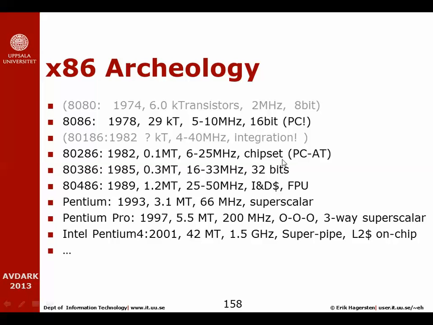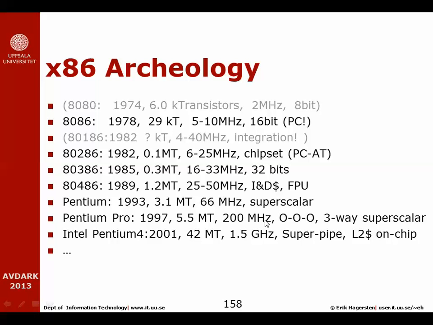You can also see what kind of features have been introduced for each generation. So we moved up to a 32-bit instruction set in 1985. We introduced instruction and data caches on chip, as well as floating point units. Pentium in 1993 was the first one to introduce superscalar implementations.